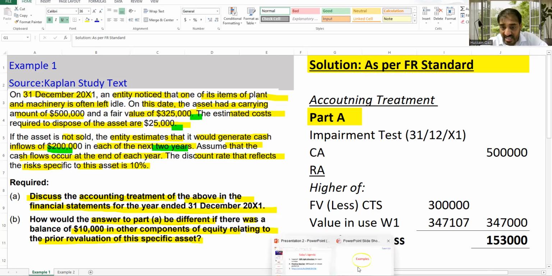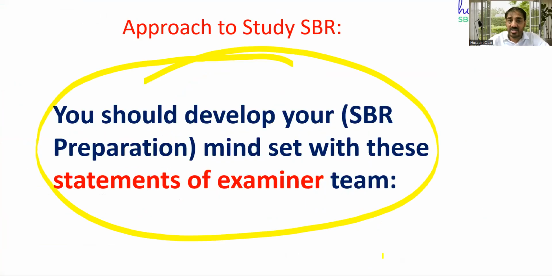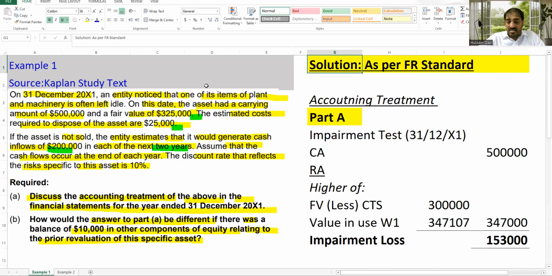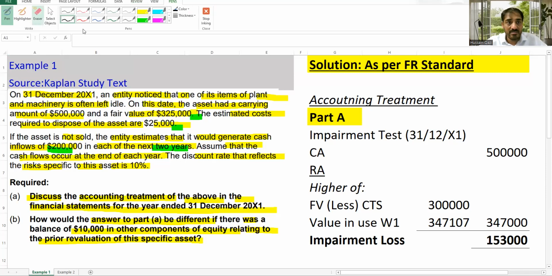But your examiner's expectation is something else. Whether I am asking about an F7 related standard or an advanced accounting standard, you have to demonstrate your ability to explain your workings. What is the requirement with the SBR here? Listen carefully.